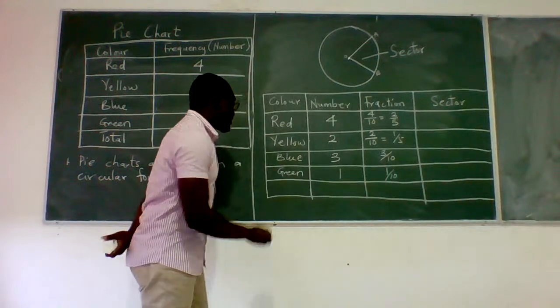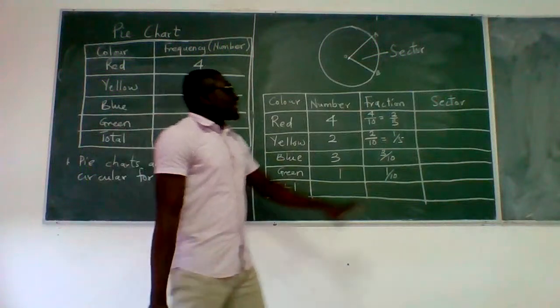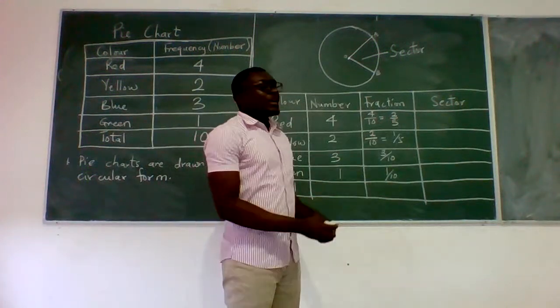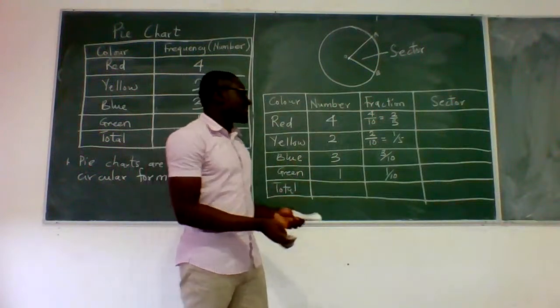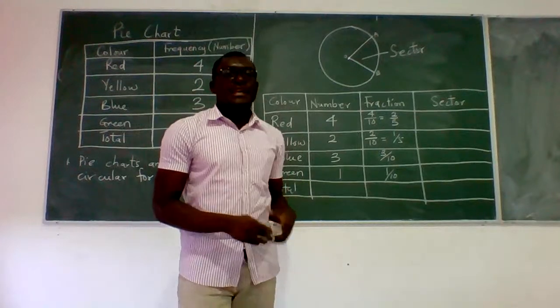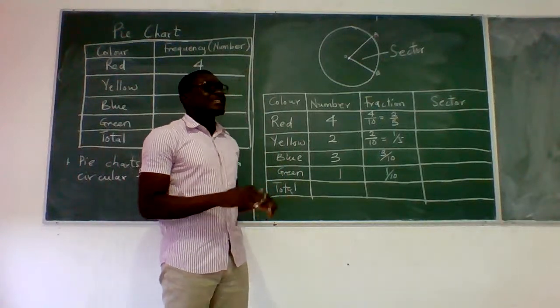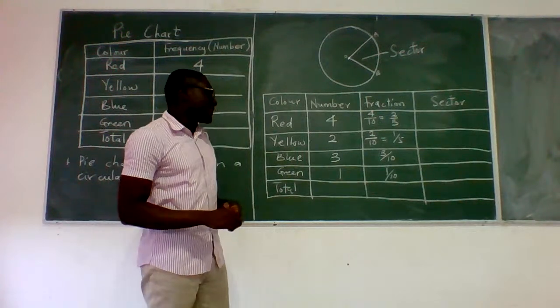Okay, so now you look at the totals. Because this side is a fraction, we have to know that the whole of that fraction is just the number 1. Because anytime you talk about fractions, you know that it is a part of a whole, and that whole we always talk about is just the number 1 when we are dealing with fractions.